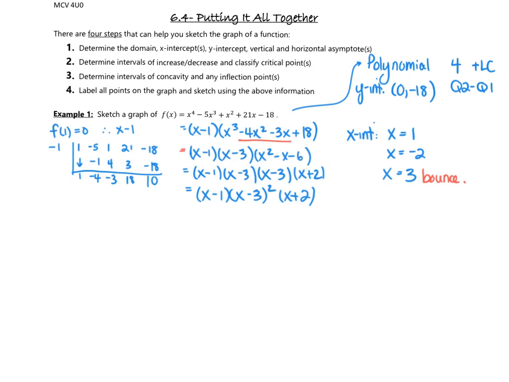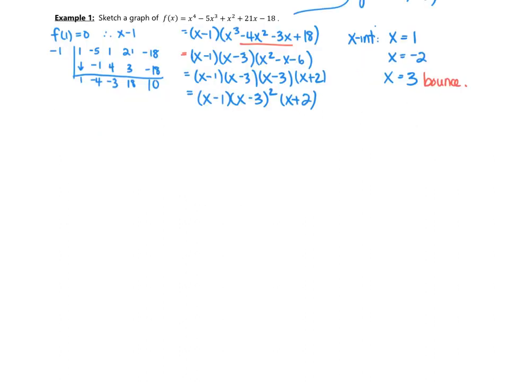All right, that was all your advanced functions work. Time to move on to step number 2, and let's look at the first derivative, find intervals of increase and decrease, and local max-mins. All right, first derivative. Just using the power rule, 4x cubed minus 15x squared plus 2x plus 21. Let's go ahead and set that equal to 0.